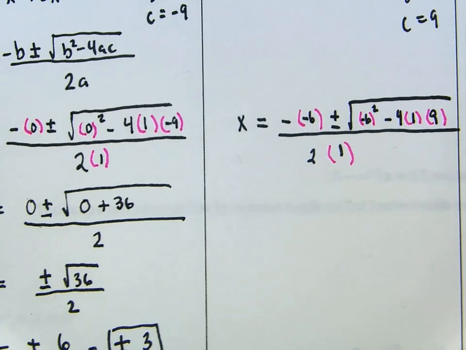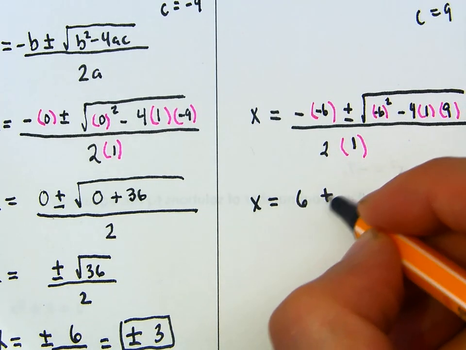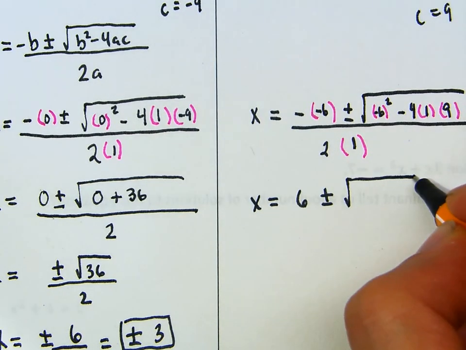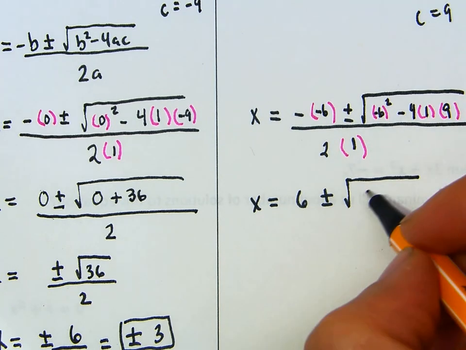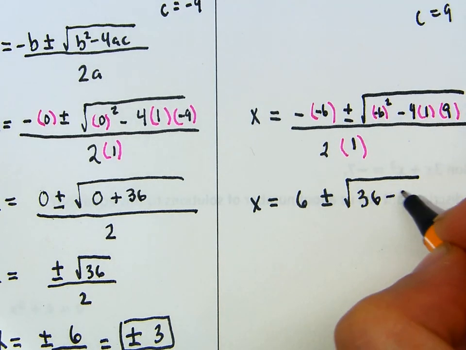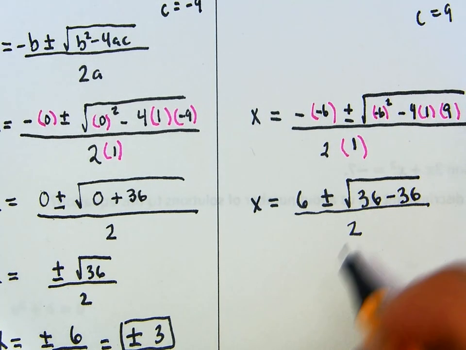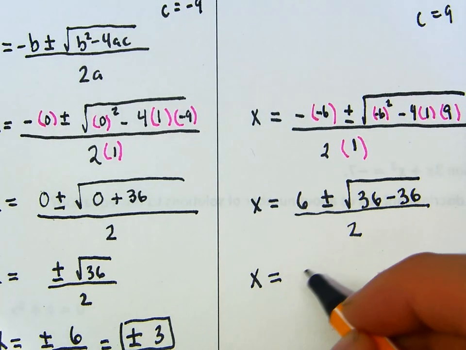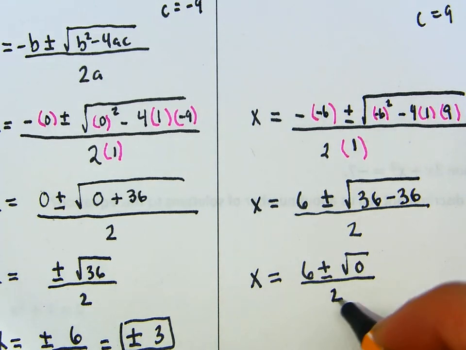So then how does it continue? Here, we have x equals positive 6 plus or minus the square root of 36 minus 36, all over 2. So then x is equal to 6 plus or minus the square root of 0 over 2.